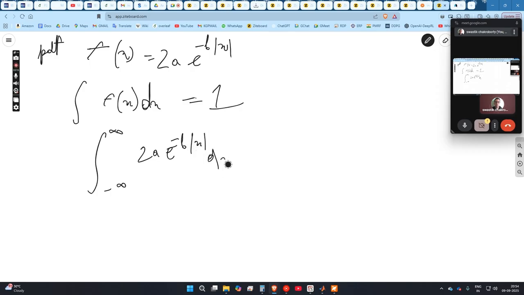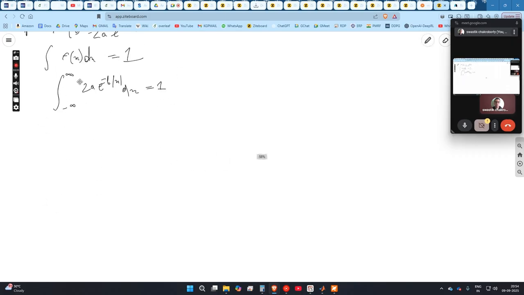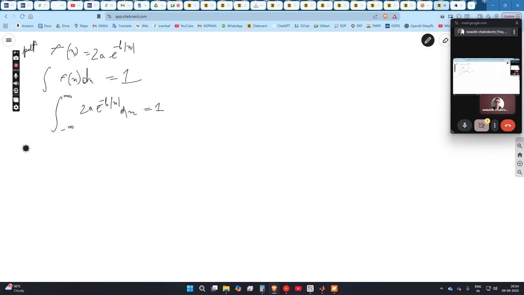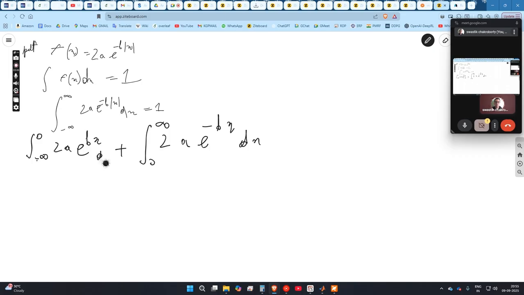Now, you break down the mod: minus infinity to 0, the negative x domain, where mod x becomes minus x, so this becomes 2a e to the power bx. And another part is 0 to infinity, the positive domain, where mod x becomes just x, so it is e to the power minus bx dx, equal to 1.